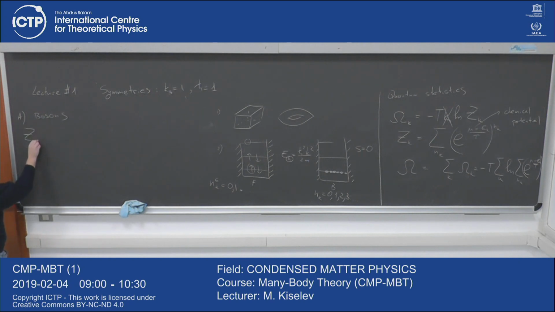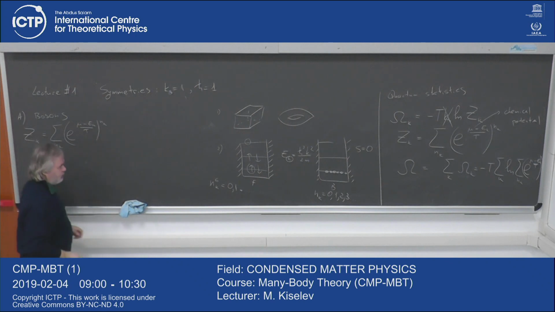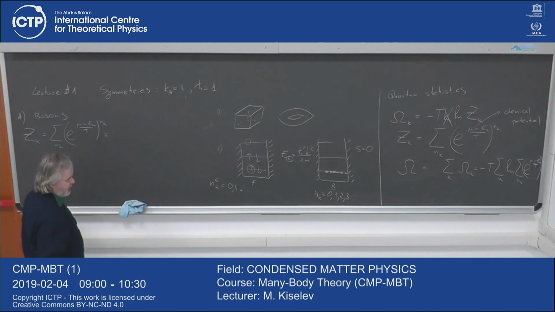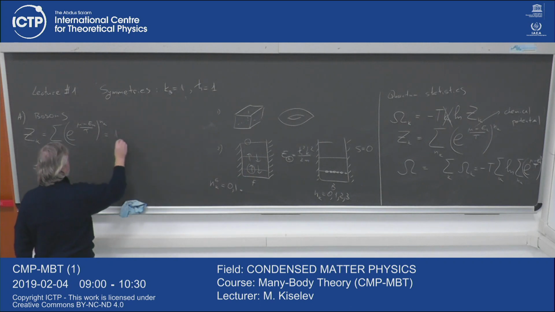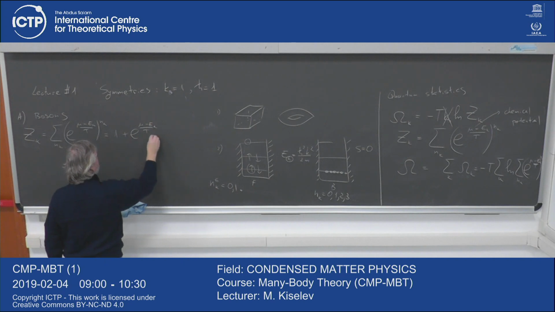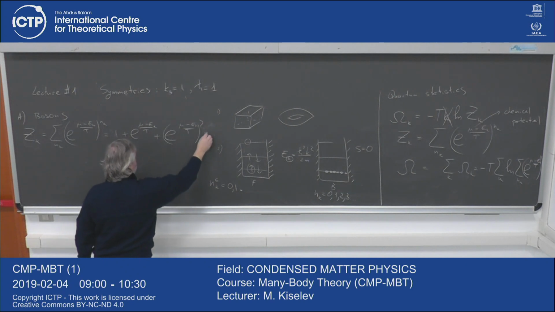So first, Z_k. This is, as I said, the partition function. This is the sum over n_k of (e^{(μ−ε_k)/T})^{n_k}. ε_k is this one. So, since n_k can be 0, 1, 2, 3, and so on and so forth, if n_k is 0, we have 1, then we have e^{(μ−ε_k)/T}, then we have plus (e^{(μ−ε_k)/T})², and so on and so forth.